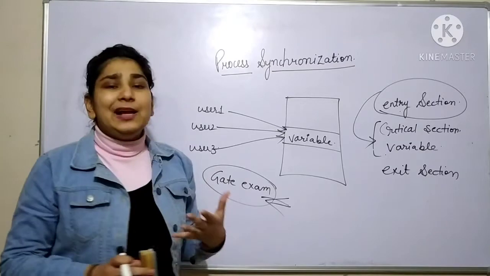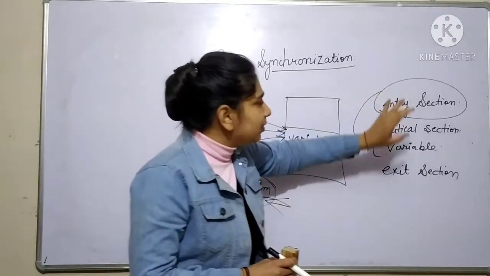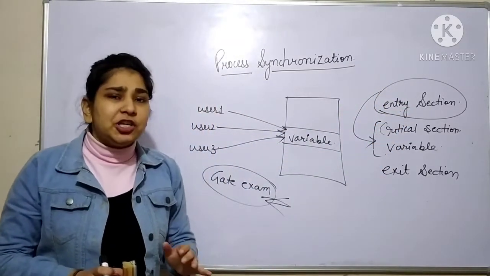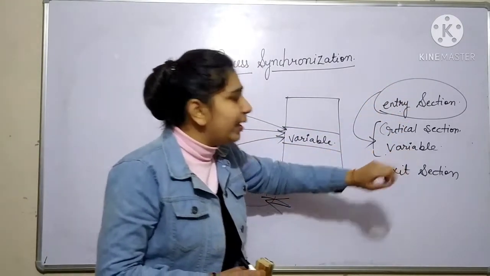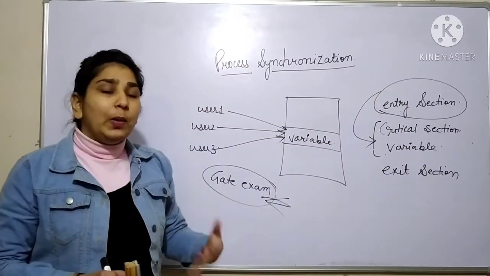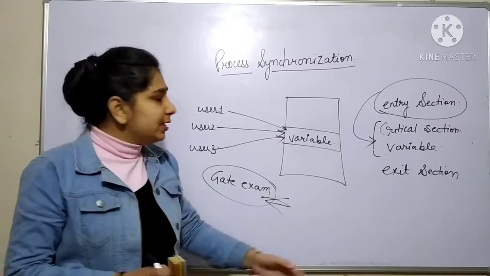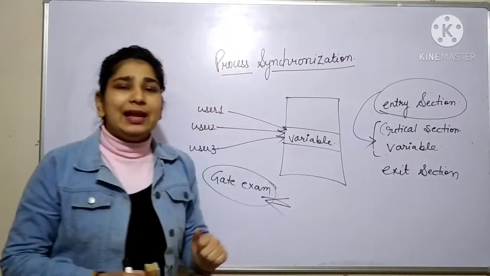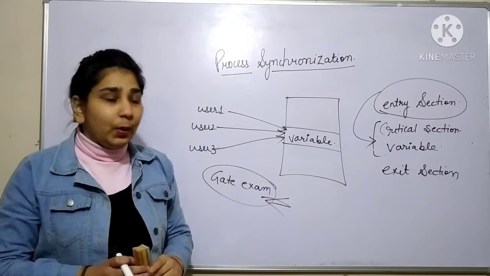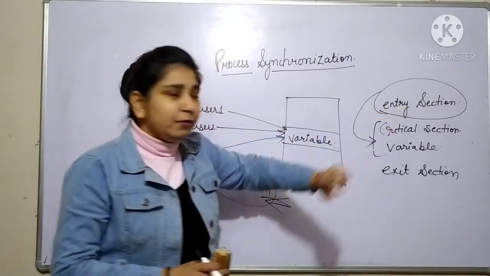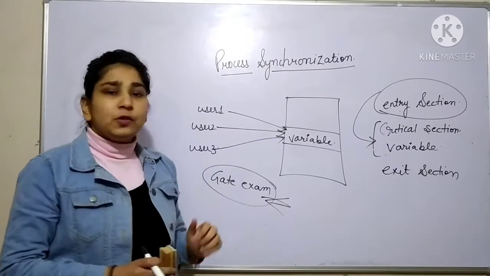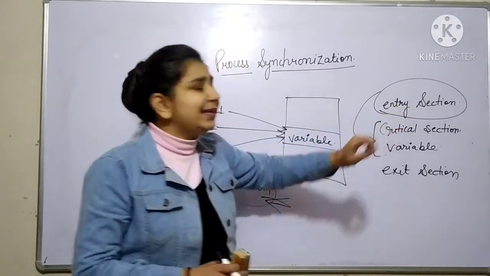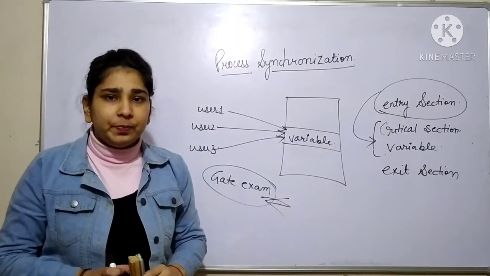Let's suppose you impose your condition in such a way that only one process, only one user request, can access this variable at a time. First you check the entry section.